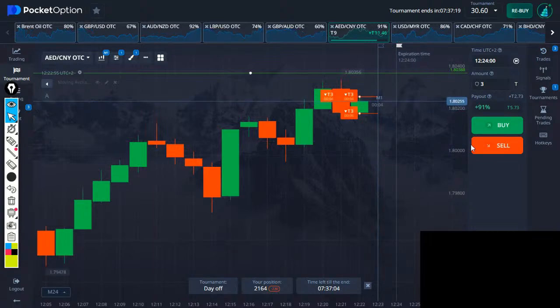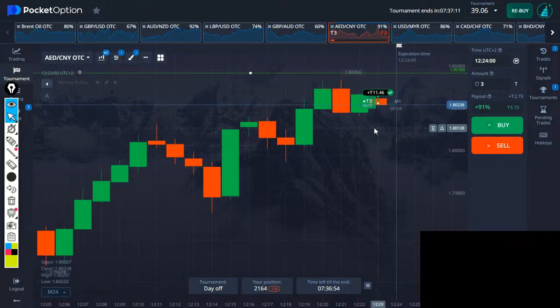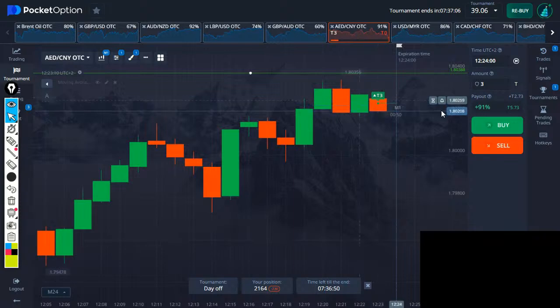We'll win two, I think. Come on. That's a win. Beautiful. I take a buy here. Since we have this huge gap down after a green candle, I'll take two more.